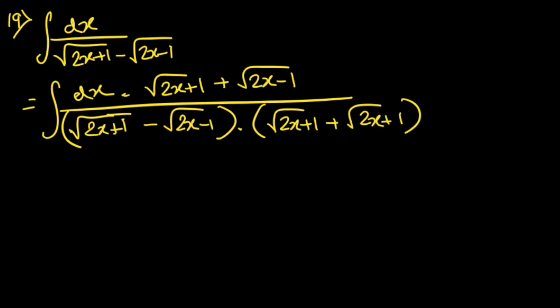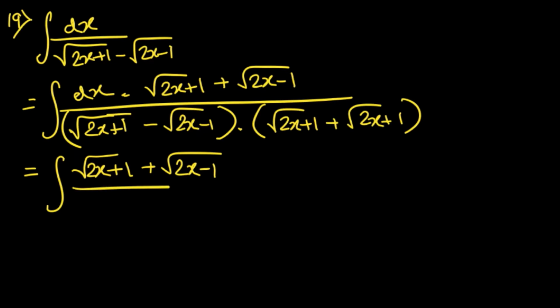So what it will give? It will give integration of root 2x plus 1 plus root 2x minus 1 by, so this whole term gets cancelled.